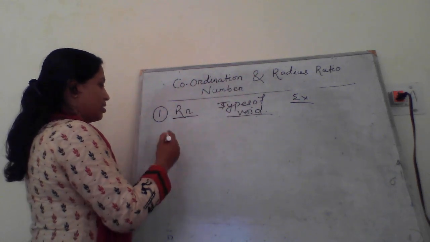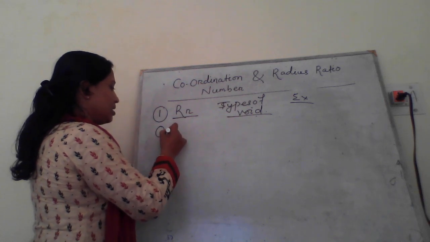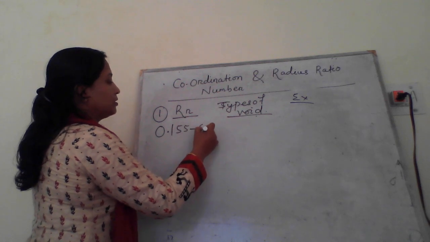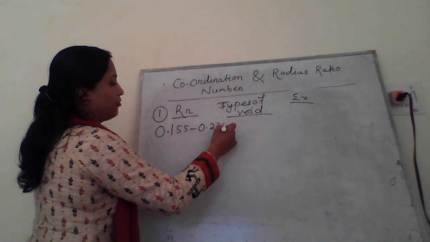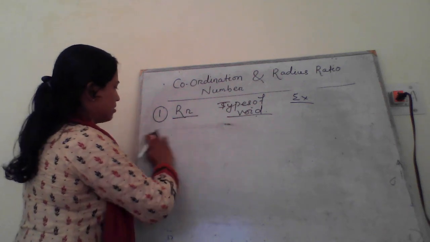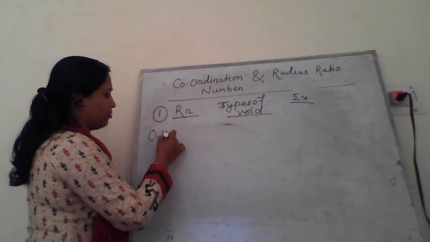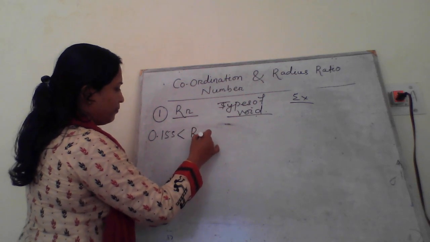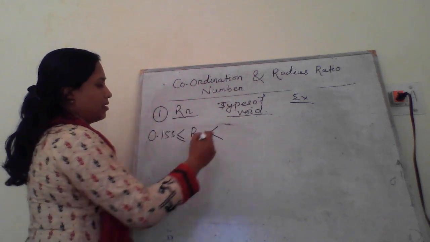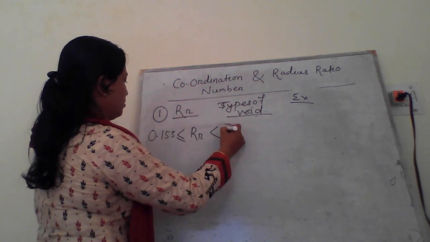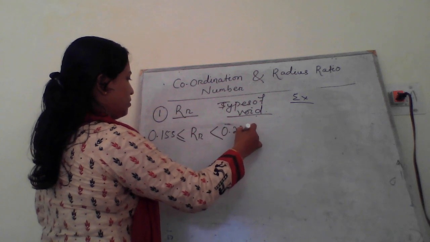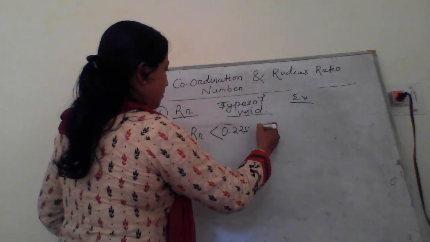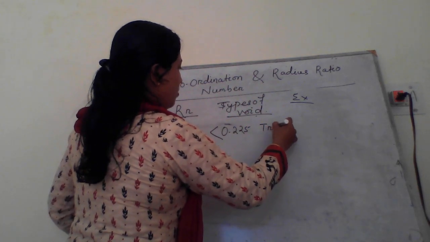If the radius ratio value lies between 0.155 to 0.225, we can write this as 0.155 ≤ RR ≤ 0.225. From this value to this value, the type of void is trigonal void.